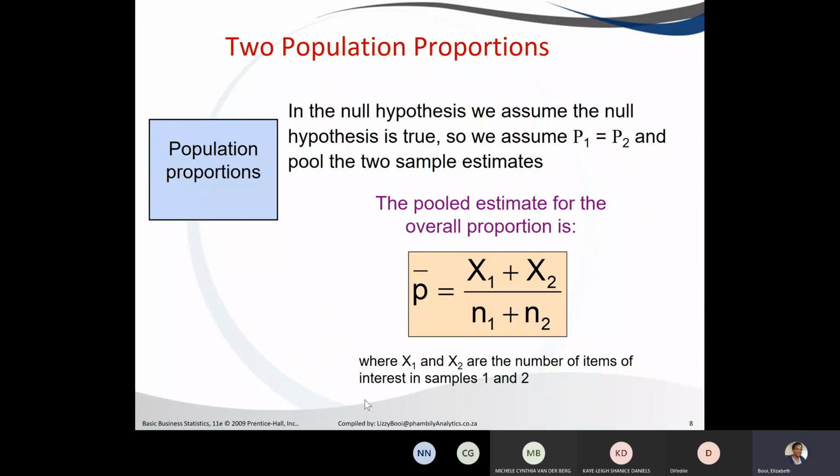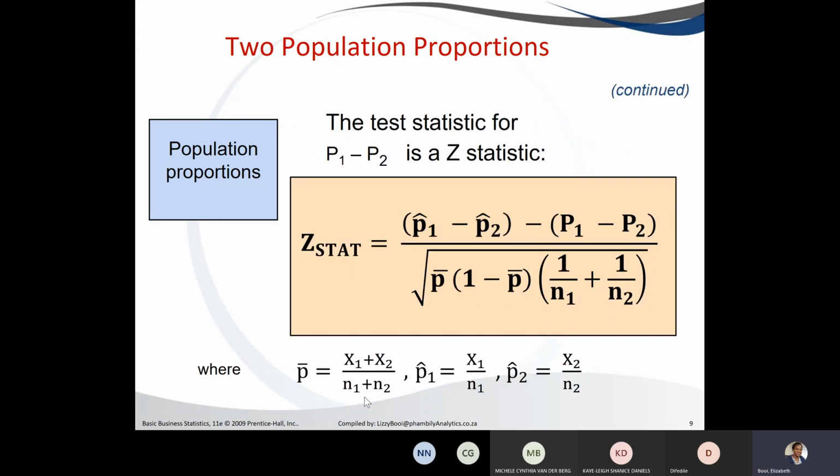And when we calculate the test statistic for the population proportion, the formula looks like this.